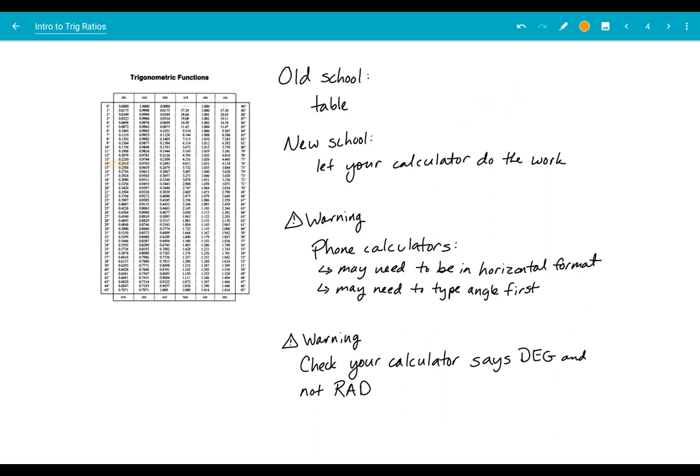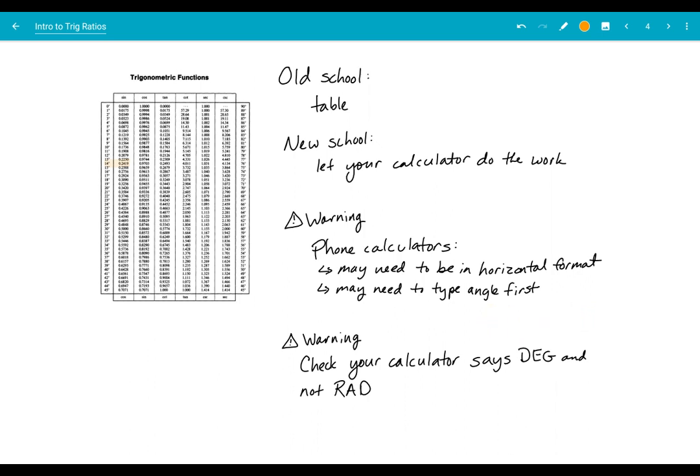Now, a few warnings. If you're using a phone calculator for your homework, you need to be able to find sin, cos, tan as the buttons. You may need to be in horizontal format, so make sure you can rotate your screen. And some phone calculators require you to type the number of the angle first. So if your angle's 35, you would type 35, and then press the button like cosine. That's pretty rare.